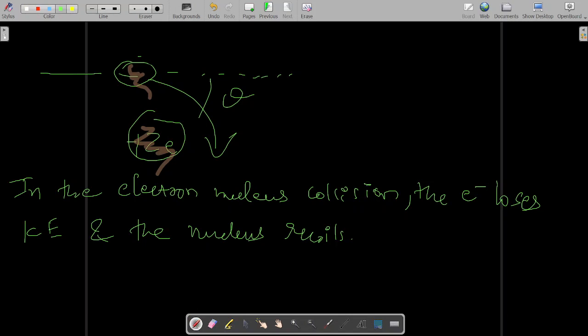The electron will lose some of its kinetic energy, and as the nucleus is heavy compared to the electron, the nucleus will recoil, because light objects get bombarded and heavy objects recoil. This scattering is just identical.